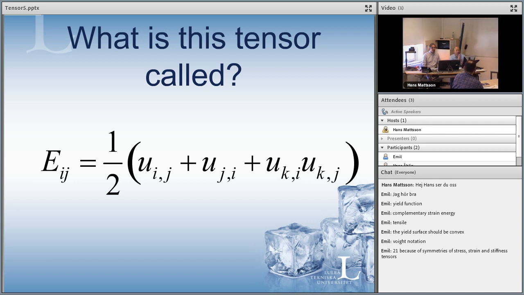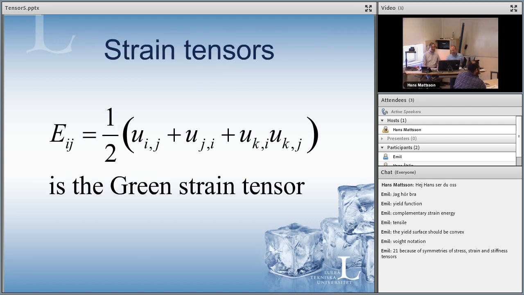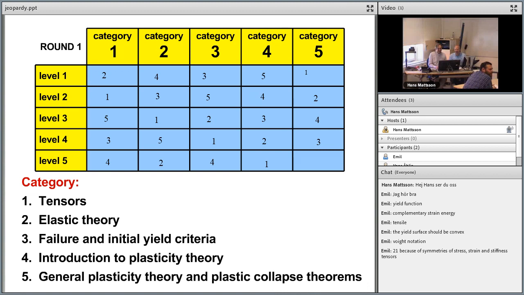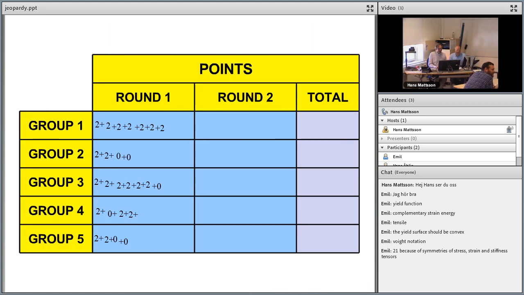What is your answer? Is that your answer? Okay. It's correct. It's a Green strain tensor. Yeah. Very good. In the last second. And group number 4 takes 2 points here and becomes dangerous.